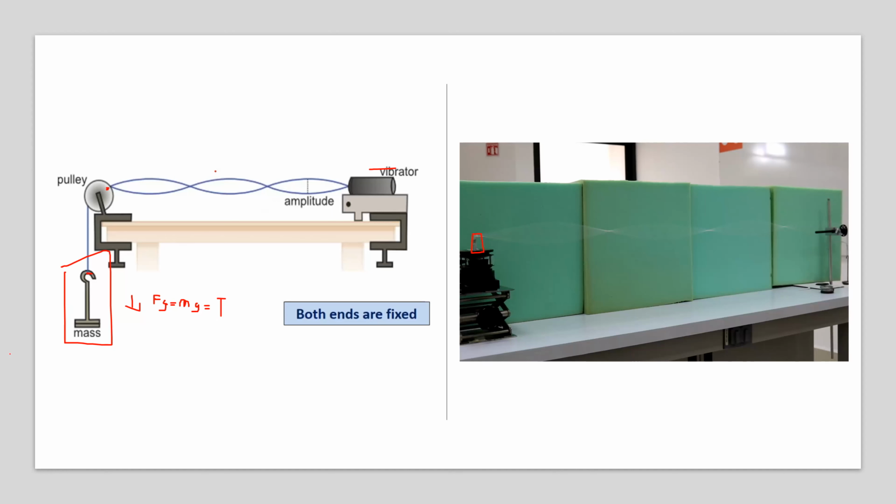Therefore, what we're going to do is replace this mass with various different values of masses in order to get different data points for our graph. So here is the video of the wave happening. As you can see here, there are 4 antinodes. So the number n is 4, because this is the 4th harmonic.